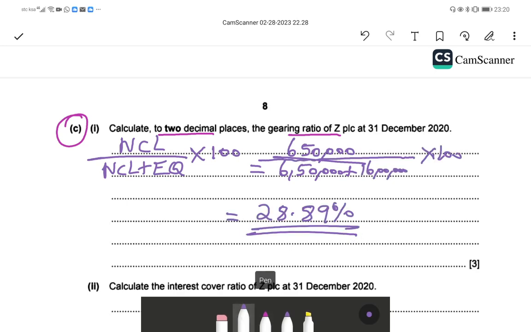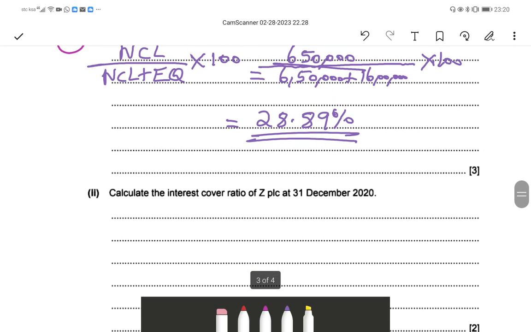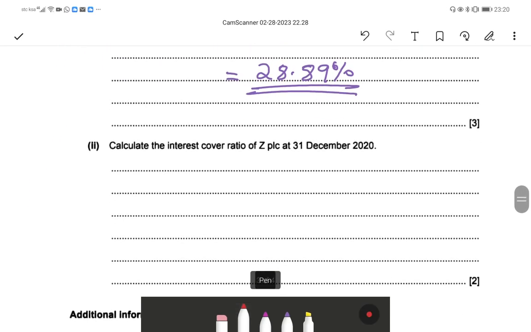So next, calculate interest cover ratio of ZPLC. What is the equation for interest cover ratio? Profit from operation divided by interest on capital.